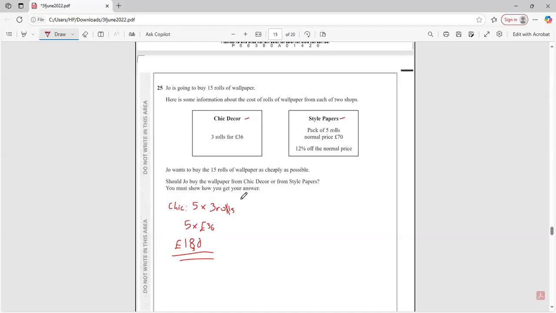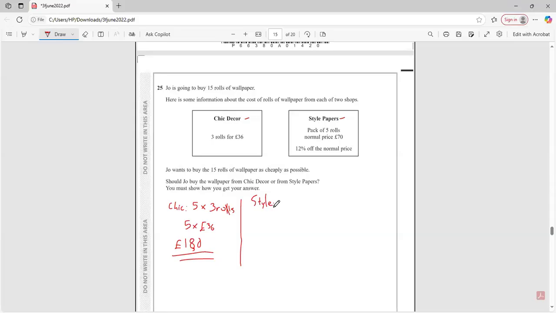So let's see what he has from Style Papers. So I'll just call it Style. For Style Papers, it says a pack of 5 rolls would enjoy 12% off the normal price. That's how I'm interpreting that bit of the question.